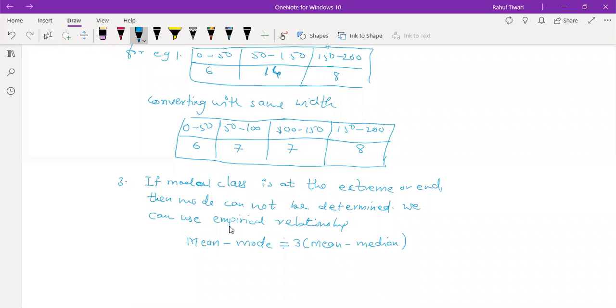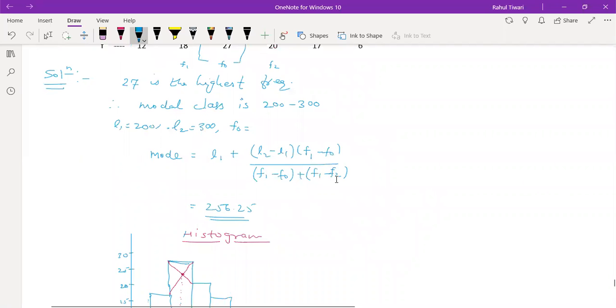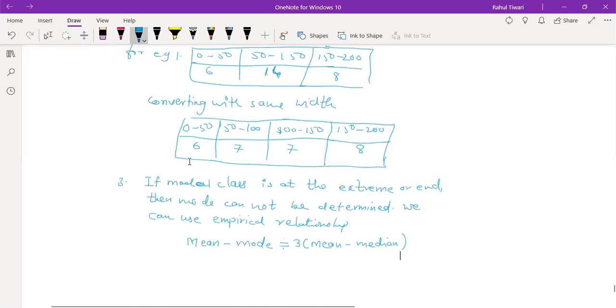I cannot use my original formula because I don't have f2, so in this scenario you have to use this relation.